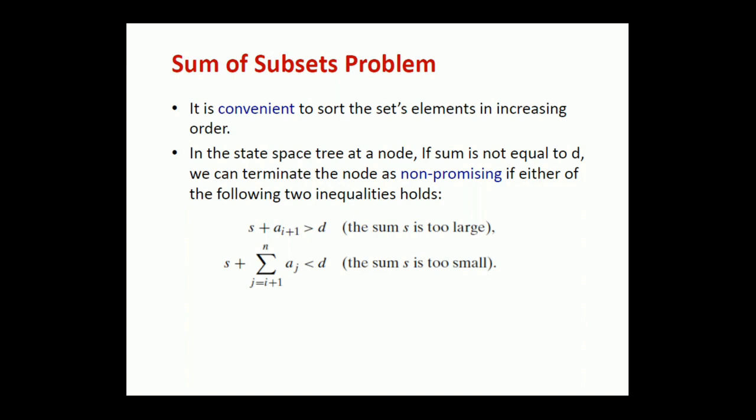That is, if S, the sum, plus the next element in the set, that is A(i+1), is greater than D, or if the sum S plus all the other remaining elements in the set A is less than D. So if either of these two inequalities holds, then you can terminate the node saying that it is non-promising, or it is not yielding a desired result.